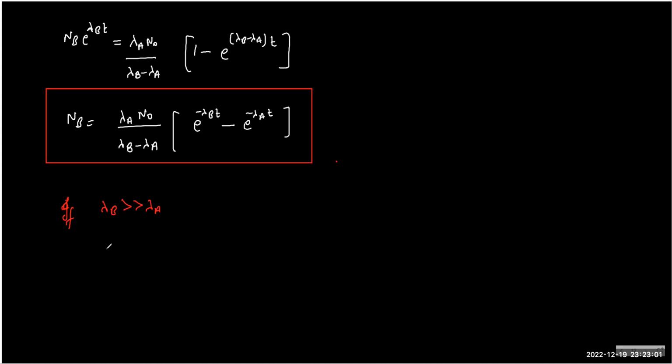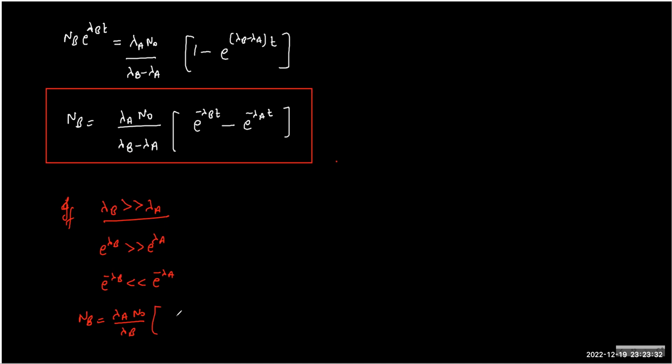So e power lambda b is also much bigger than e power lambda a, yes or no? So e power minus lambda b is much less than e power minus lambda a. And if lambda b is much bigger than lambda a, then Nb can be written as lambda a N naught upon lambda b minus 0, or compared to lambda b, lambda a can be ignored. Great.